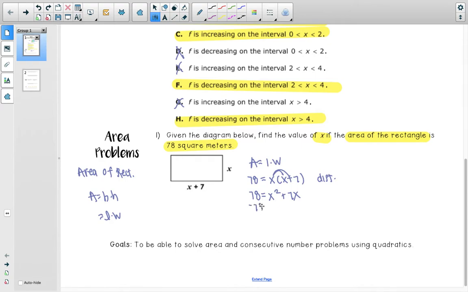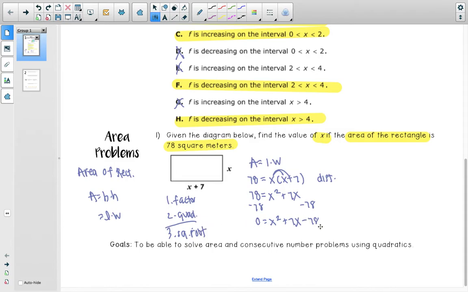So we're going to subtract the 78 over. Remember, if I'm moving too quick, you can pause the video, okay? And then we've learned so many different ways to solve this, but factoring should always be the first one. I would say factor and then quadratic, okay? The square root method is a different case.